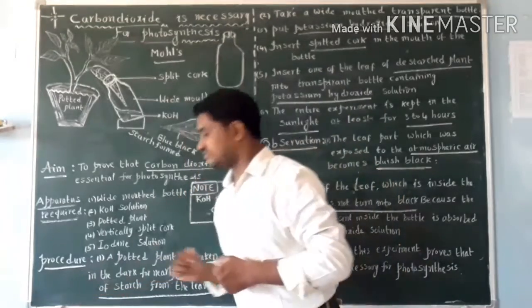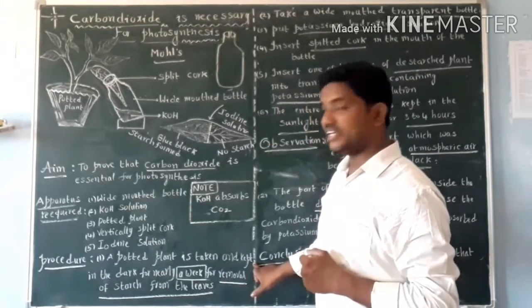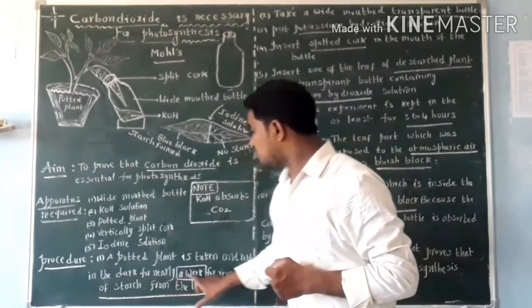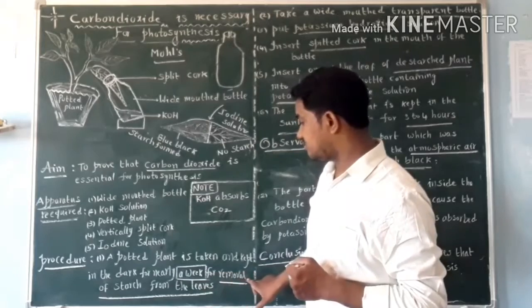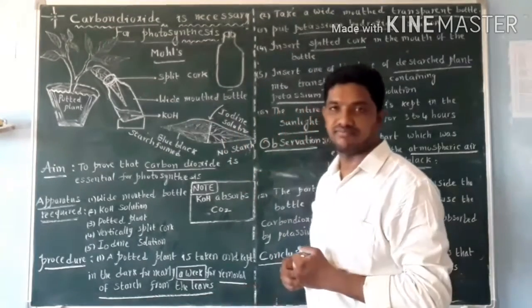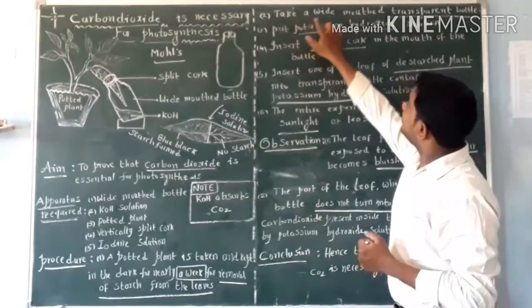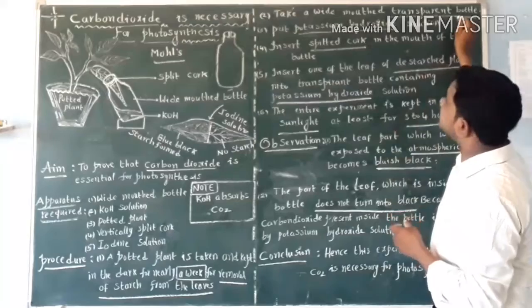Next, the procedure. A potted plant is taken and kept in the dark for nearly a week for removal of starch from the leaves. Second, take a wide mouth transparent bottle.